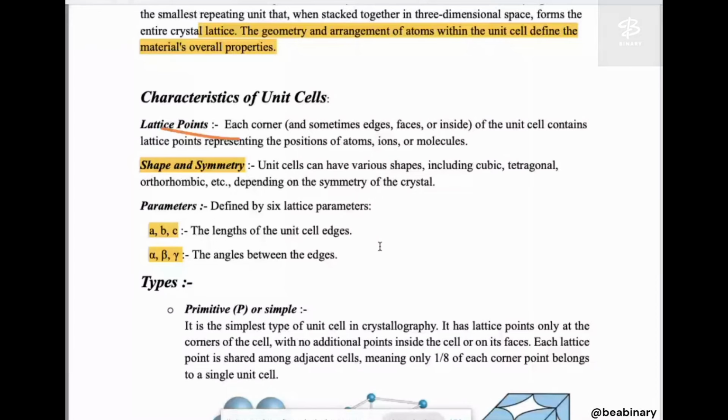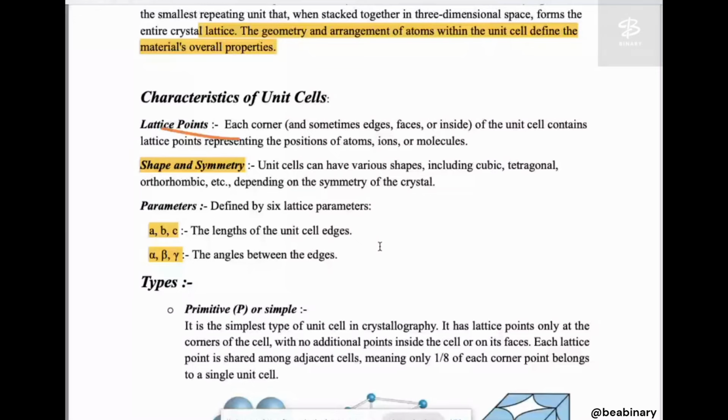You have four more edges, joining all four corners at the bottom and all four corners at the top. That line is also known as an edge, right? So the total edges are 12.